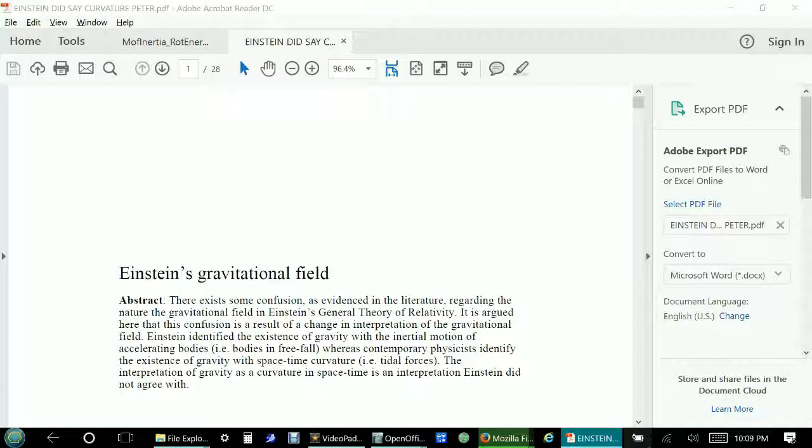Einstein identified the existence of gravity with the inertial motion of accelerating bodies, i.e. bodies in free fall, whereas contemporary physicists identify the existence of gravity with space-time curvature, or tidal forces. The interpretation of gravity as curvature of space-time is an interpretation Einstein did not agree with.